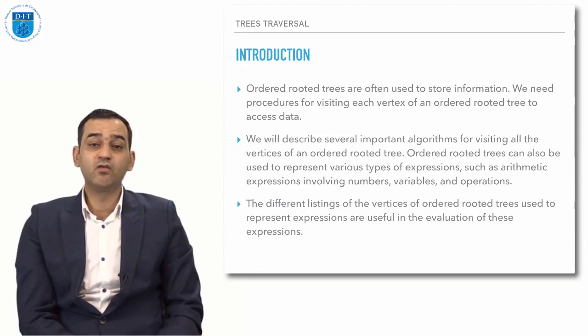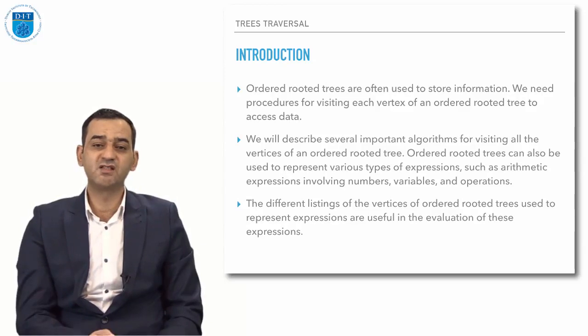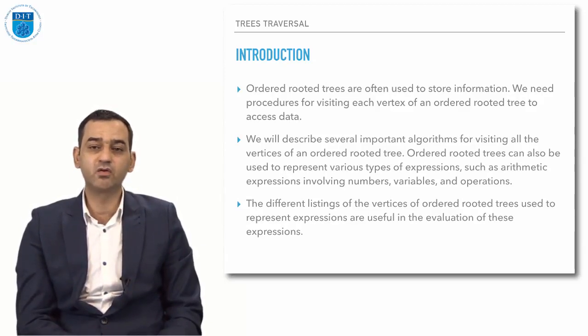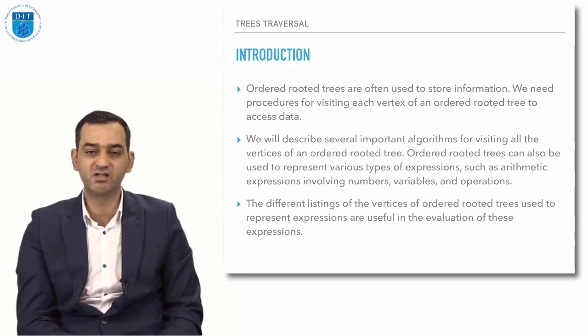Ordered rooted trees are often used to store information. We need procedures for visiting each vertex of an ordered rooted tree to access the data. We will describe several important algorithms for visiting all the vertices of an ordered rooted tree. Ordered rooted trees can also be used to represent various types of expressions, such as arithmetic expressions involving numbers, variables, and operations.